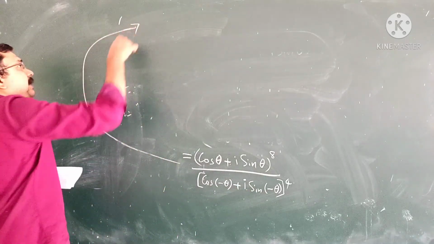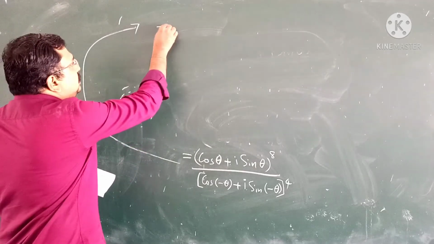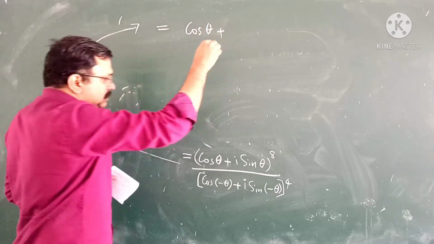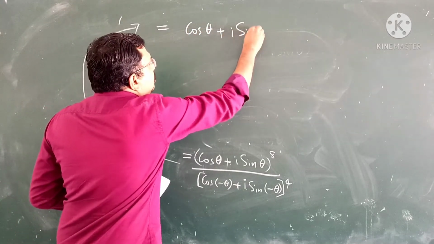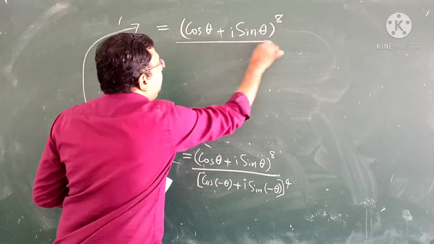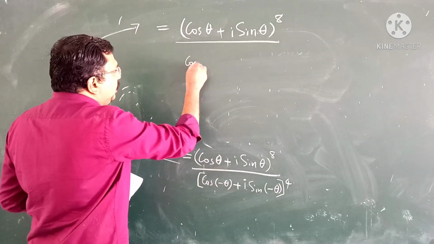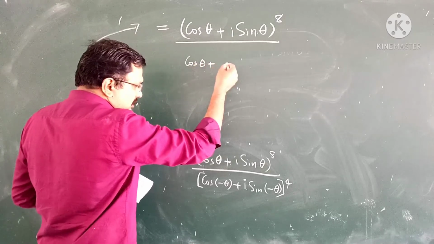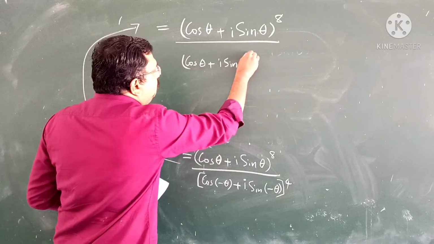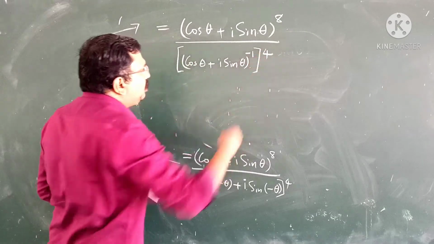The next step: this is equal to (cos θ + i sin θ)^8 divided by, by De Moivre's theorem, ((cos θ + i sin θ)^−1)^4.